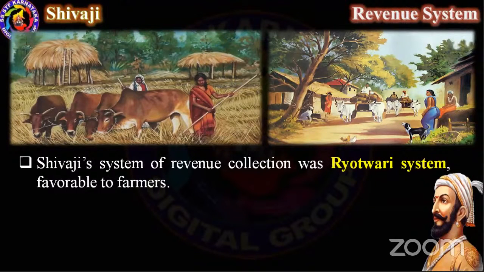Under Mahalwari, they formed Mahals, which were run by a group of people who collected tax and submitted it to the government. Under Zamindari, those people collected tax from the farmers and submitted it to the government. But under Raitwari, farmers submitted their tax directly to the government.